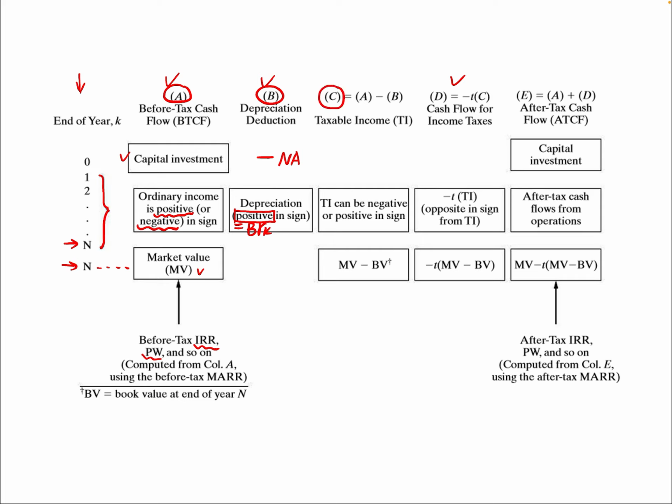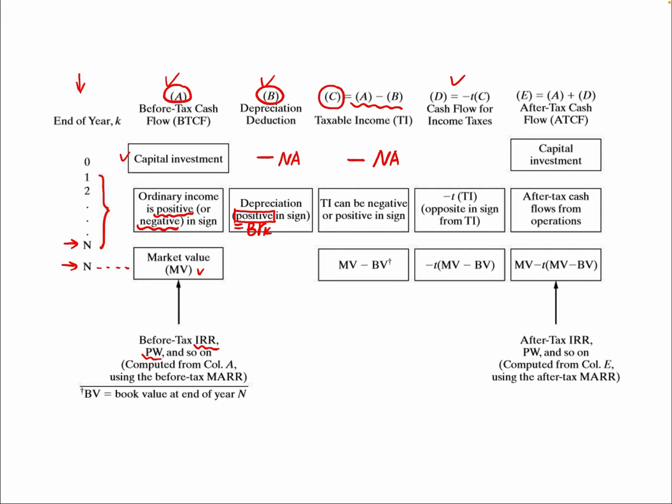And then you will have column C, which is the taxable income column. Column C is always the number in column A minus the number in column B. Whenever you have this equation in the column head, it's easy to calculate. In the first row, it's still NA, not available.